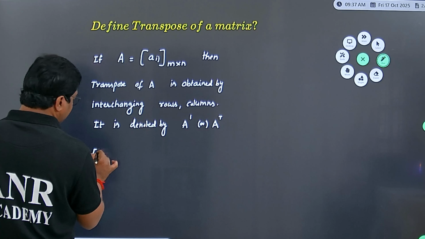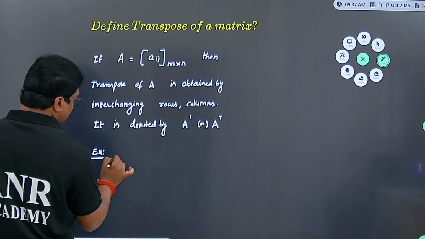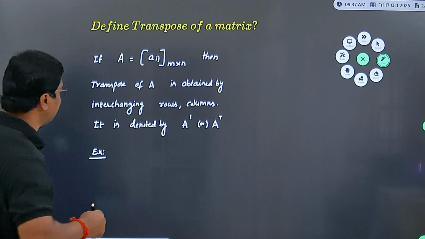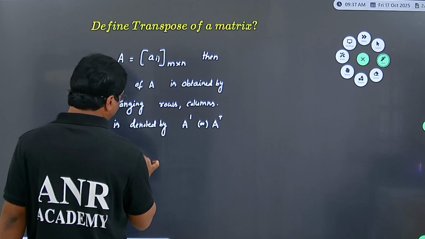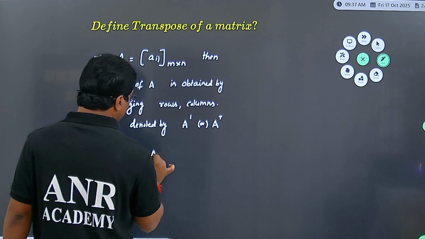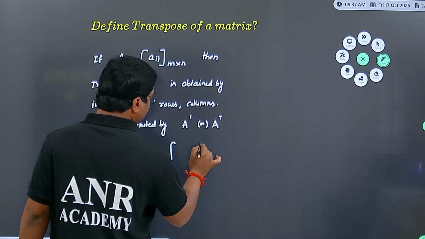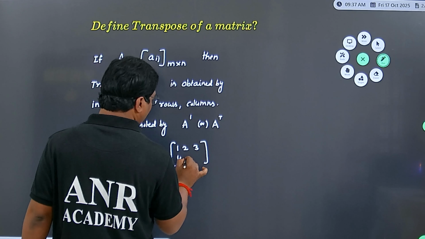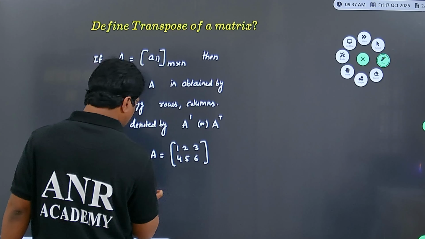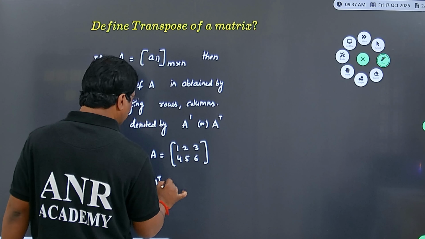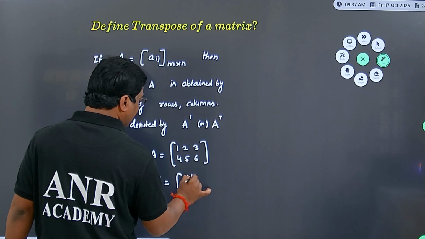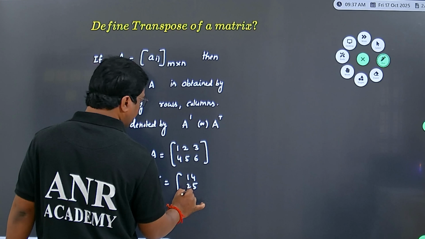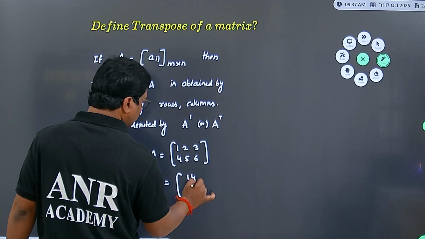When the definition is asked, you have to write the definition as well as example also. If suppose A is a matrix whose entries are 1, 2, 3, 4, 5, 6, that implies its transpose is written as 1, 4 here, 2, 5 here, and then 3, 6.